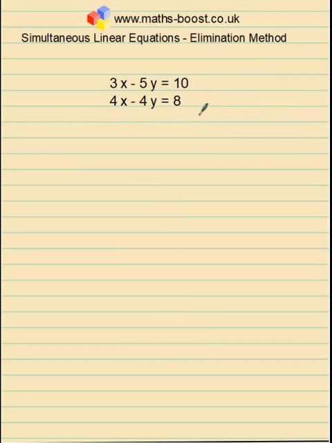One more example. So the first step is to decide whether you're going to pick the x's or the y's to be the same. Now, the x's look easiest here, but again, because it's a demonstration, I'm going to pick the y's. And so I want to find the least common multiple of the y coefficients.